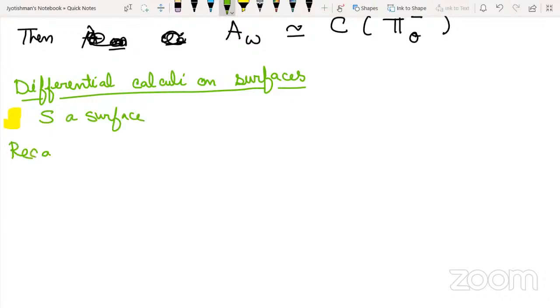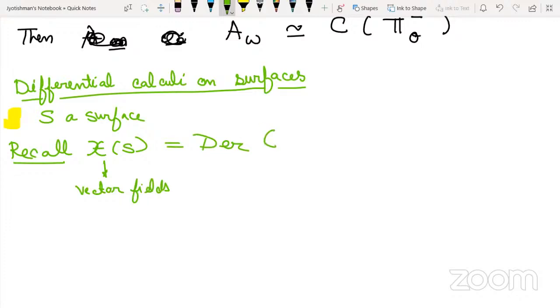Recall that the set of vector fields is equal to the derivations of the ring C infinity of S. Now what I will need are some objects called differential forms.